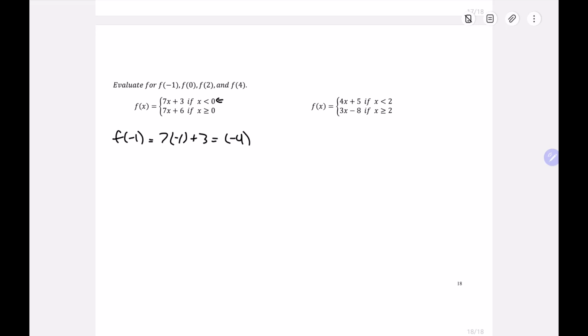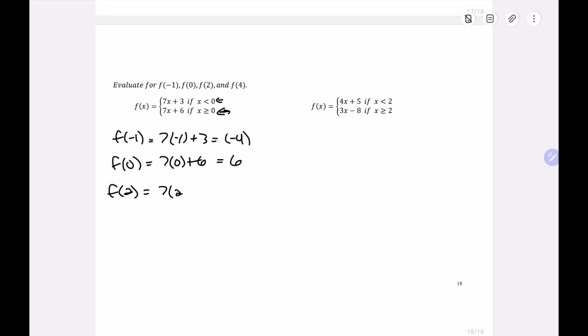We can look at f of 0. We can see that it lies in the bottom, 7x plus 6, because it's in that domain. So we would take 7 times 0 plus 6, and we would just get a 6. We can look at f of 2. We can see that it is in our 7x plus 6 domain, so that's the equation we'll be using.